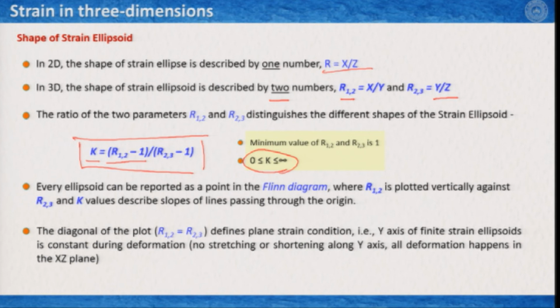The diagonal of this plot, as we will see soon, where R1/2 equals R2/3, defines the plane strain condition, that is, the y axis of the finite strain ellipsoid is constant during the deformation. That means, as we have learnt before, that there is no stretching or shortening along the y axis. Whatever deformation happens, happens along the x and z axes, and therefore on the xz plane.